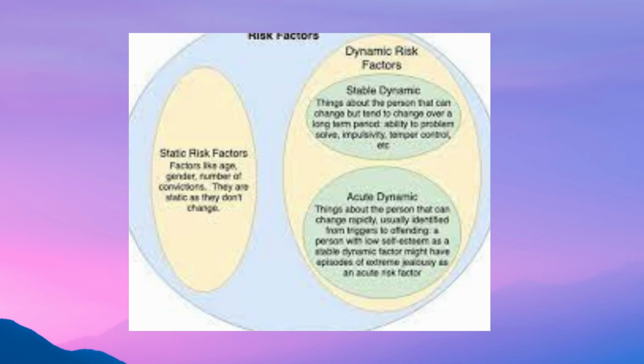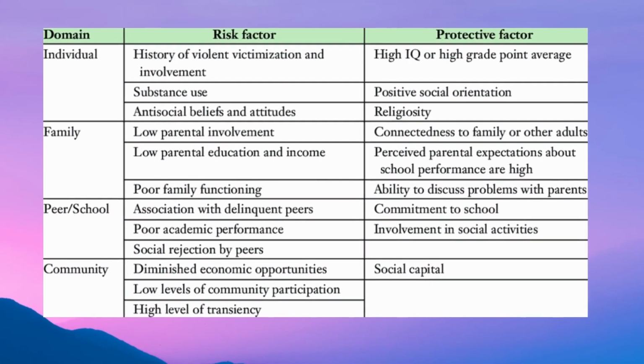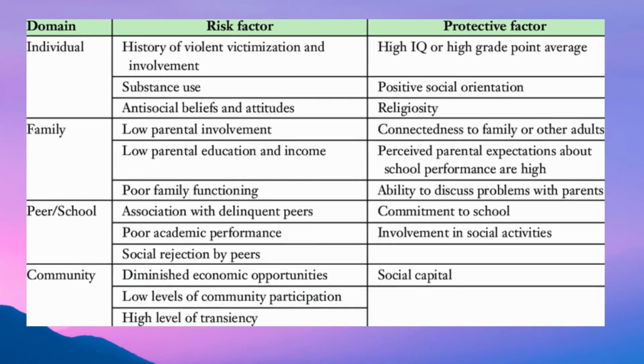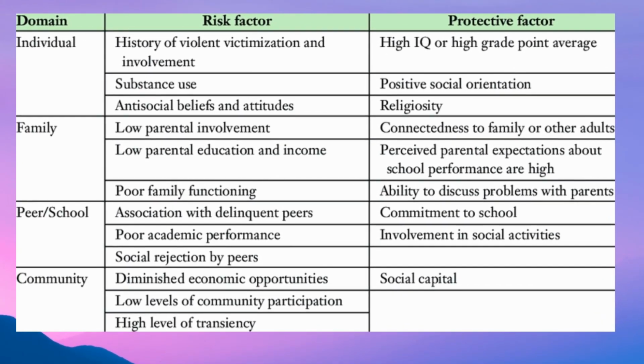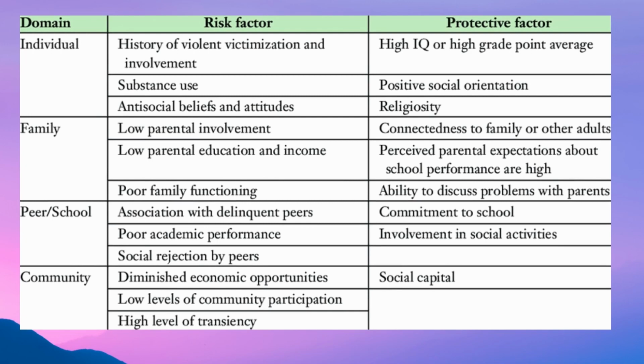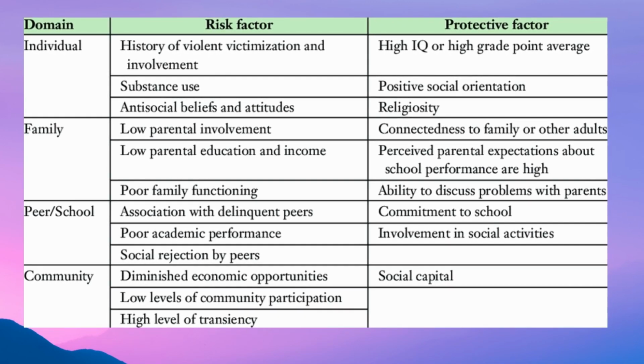Alternatively, some researchers have focused on looking at the role of protective factors that can decrease or negate the risk of violent crime. A protective factor is any factor that reduces the probability of offending despite the presence of risk factors.